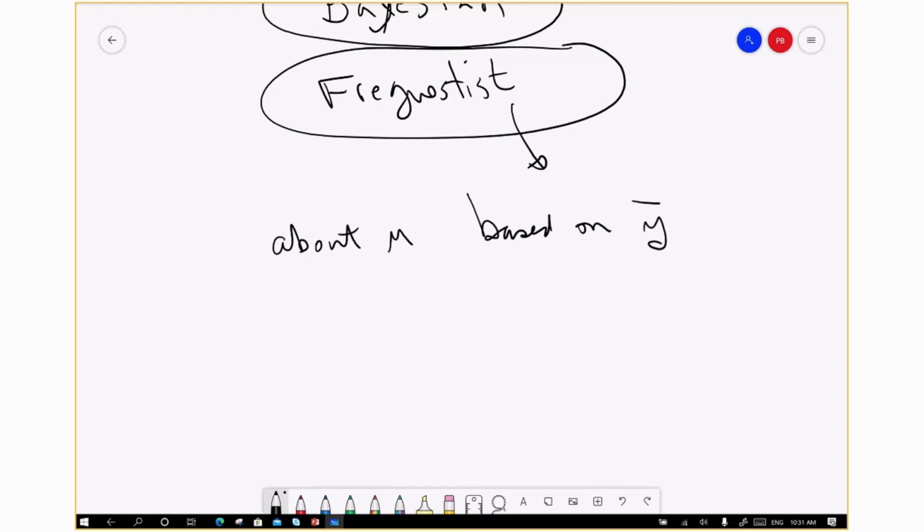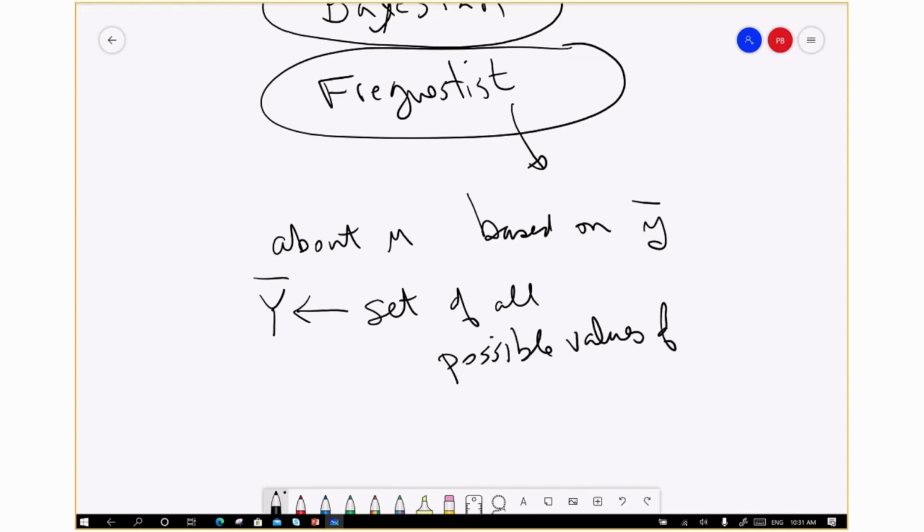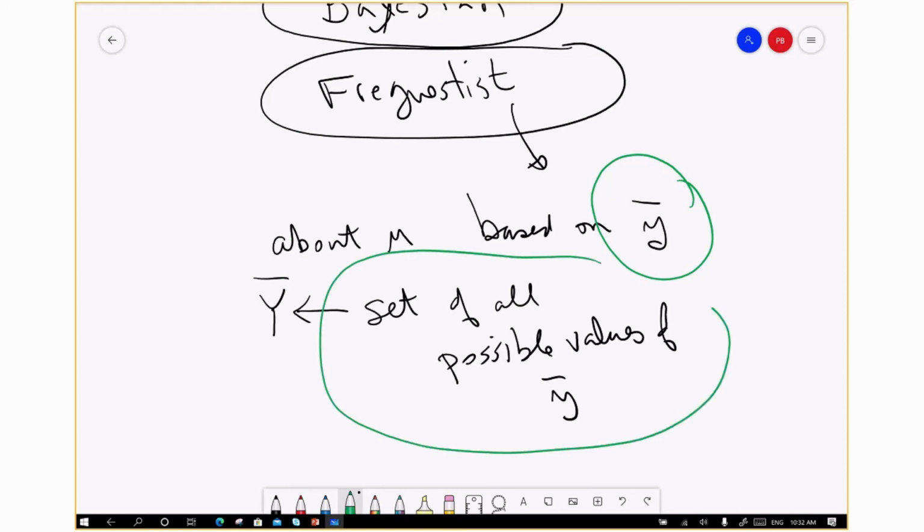But in order to do that, we have to consider the random variable y bar, which is a set of all possible values of y bar. So in other words, in order to draw inferences based on our single sample, we have to consider all possible samples that might have arisen using the process that we used to draw a single sample. So we'll stop there.